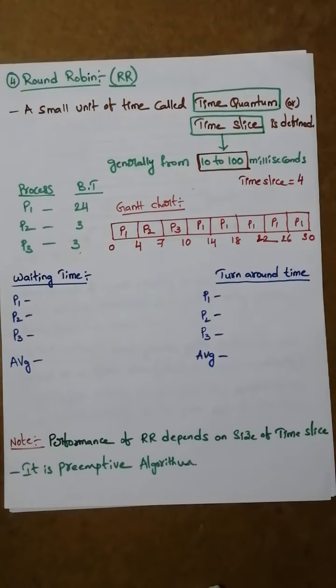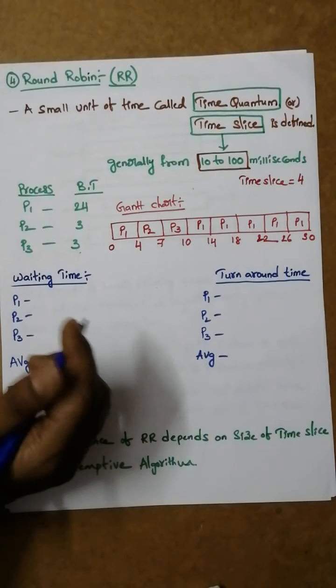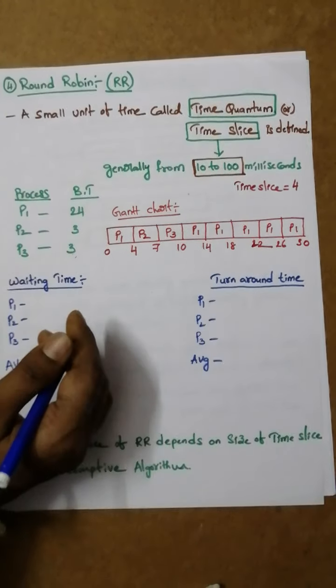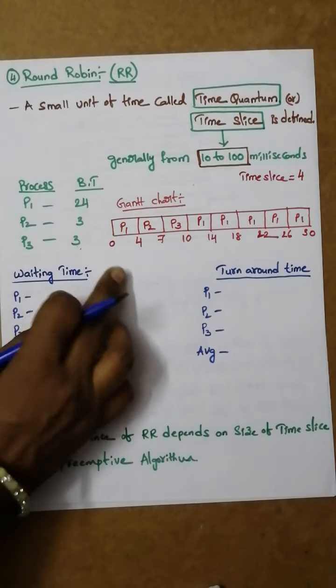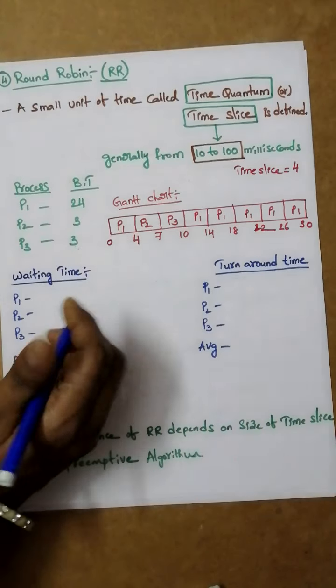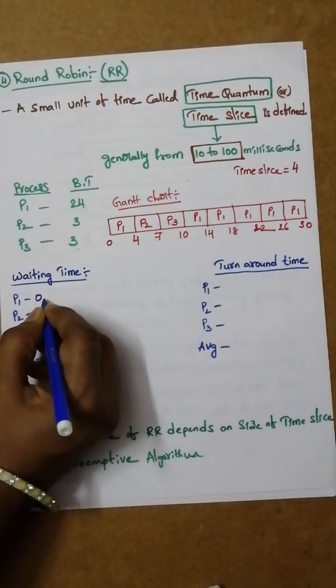Now in this case, let's see how to calculate the waiting time and turnaround time. The waiting time is calculated the same way as in shortest job first. P1 got the CPU immediately at the 0th millisecond, so its waiting time is 0.